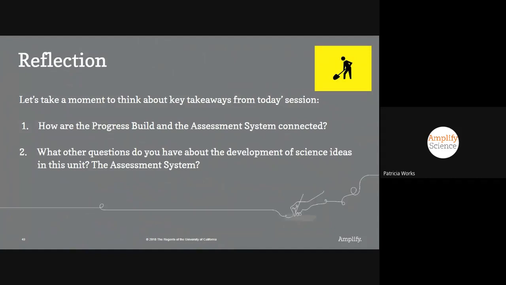So if you have teammates that you're working with, you may want to pause now and think and share with each other what takeaways you'll have from this session on the progress build and assessment system. Please be sure to contact me with any lingering questions, or if you would like help looking at the rubrics for the summative sections.